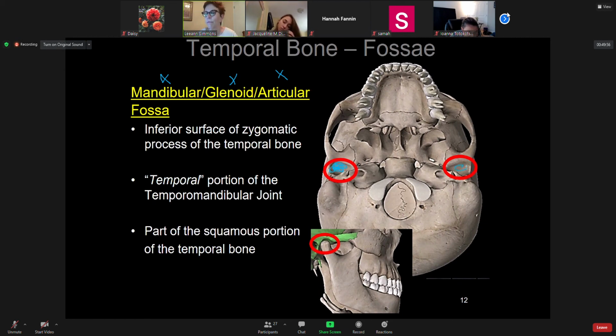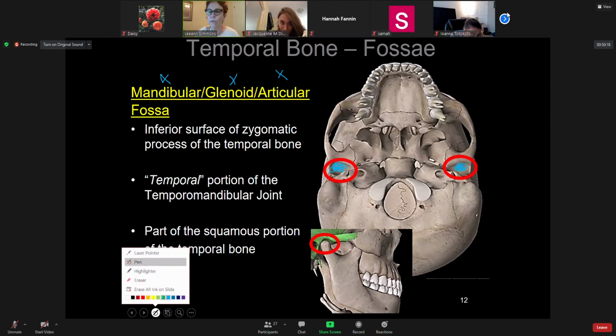Okay, the mandible of your skulls inserts into a big rubber socket right here. And that rubber piece is in the mandibular fossa. It's inferior to the zygomatic process of the temporal bone, and I will outline that in a different color. Let's make it green.